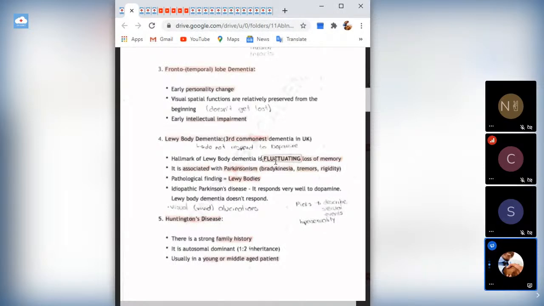You may have emotional lability, easy crying, mood swings, depression, even aggressive behavior, personality changes. Someone who was known to behave a certain way, all of a sudden is behaving in another way that he was not known to behave before.